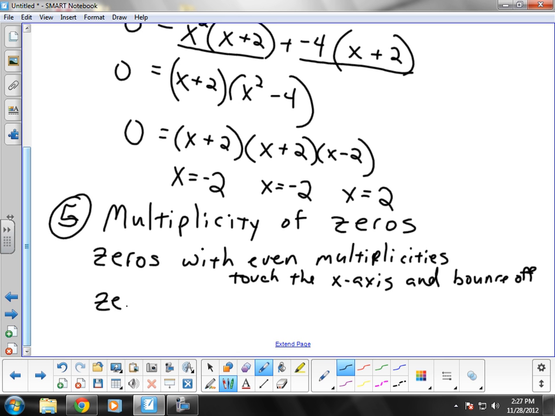Zeros with odd multiplicities cross through the x-axis.